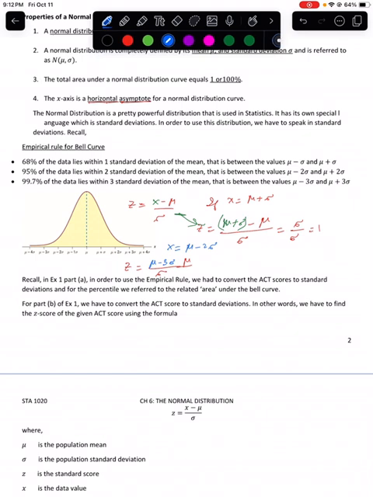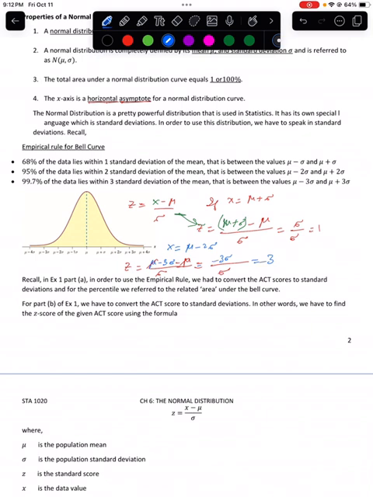The mu and mu will cancel. We will be left with minus 3 sigma over sigma, which is equal to -3.